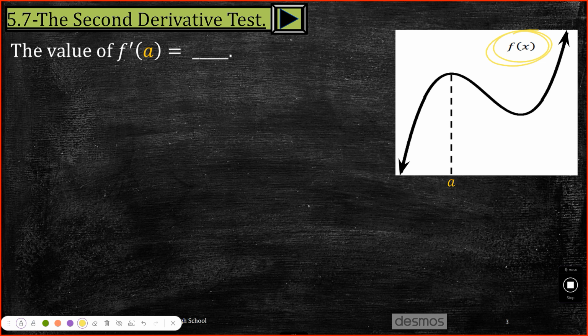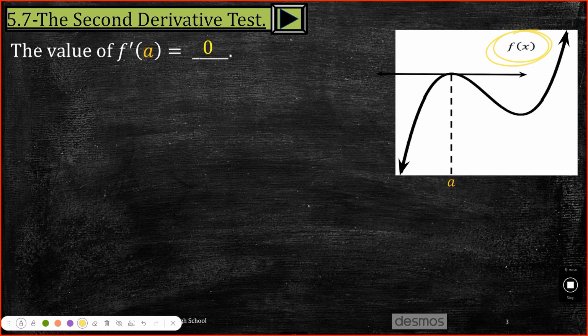What is the value of f prime at a? Anybody? It's 0, because the slope is 0.